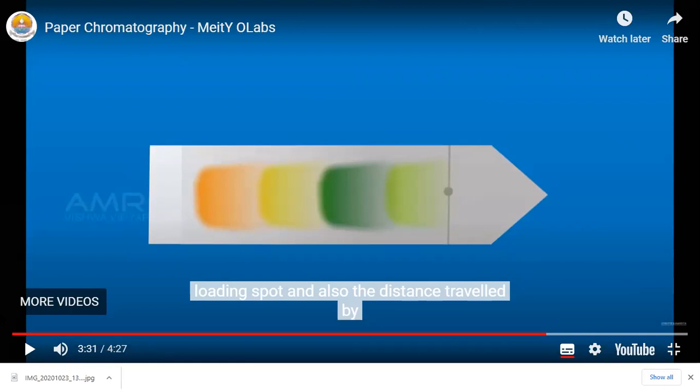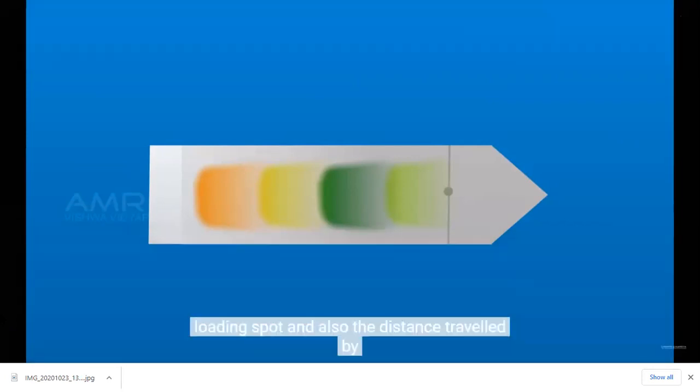The farthest, carotene, has traveled 6.5 centimeters, then 4.5, then 2.5, and then 1.5. So these are the observations of how far the pigments have moved on the paper.